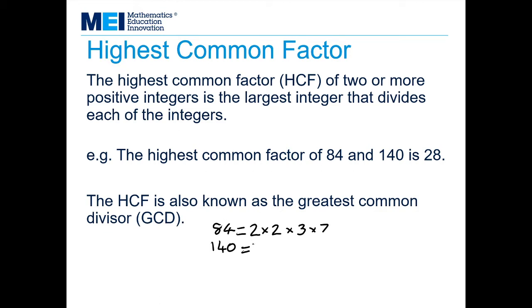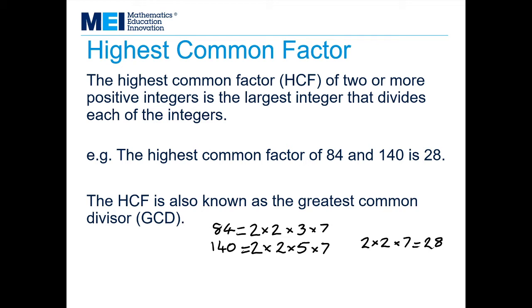And 140 is 2 times 2 times 5 times 7. So if I want common factors, the 2 times 2 times 7 is common to both. 2 times 2 times 7 is 28. But the idea of this course is to let the computer do the heavy lifting for us.